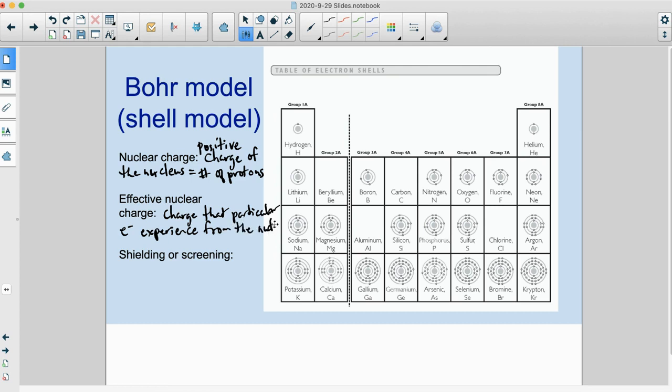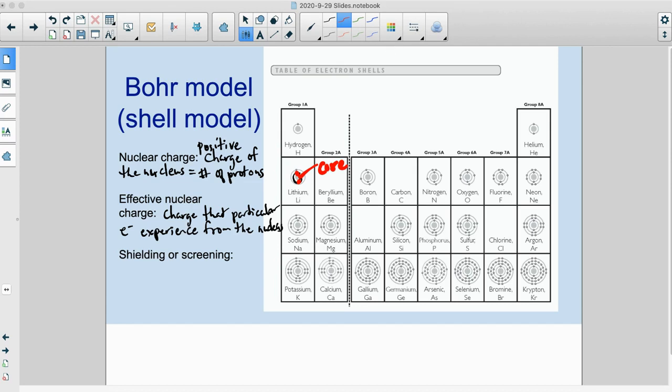Okay, so looking at something like a lithium atom right here, we can see that we have 1 valence electron in the outermost shell of lithium. That's our 2s1 electron. And we have 2 electrons in the 1s subshell. So these 2, these are the core electrons.